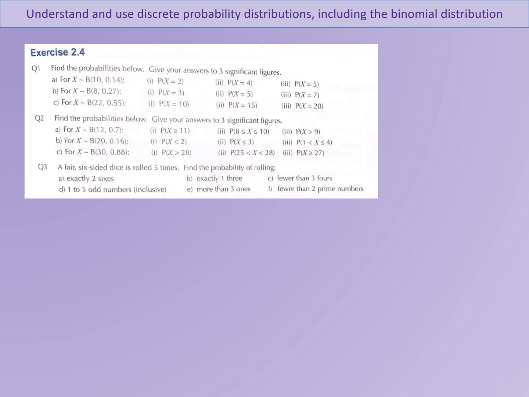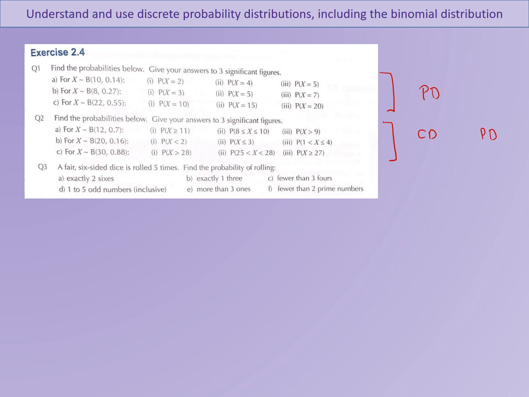Now for exercise 2.4, which is on page 189, you will need to use your calculator for all of these questions, and I would suggest that you use the PD function for these questions as they are all equal to, and for these ones I would recommend the CD function, but you are also welcome to use the PD function as well.